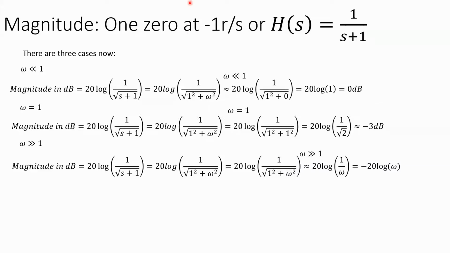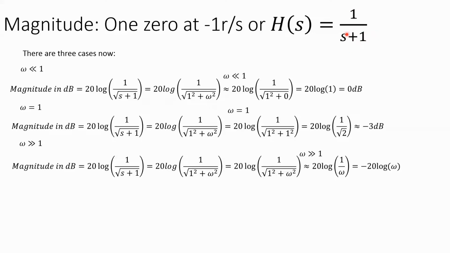What about when we have a pole at minus 1 radian per second? We have our 3 cases. When omega is a lot less than 1, if you go through, we find out that we're still left with 20 log of 1, which is 0 dB. Now, why is that the case? Because this critical frequency of 1 is also right here.